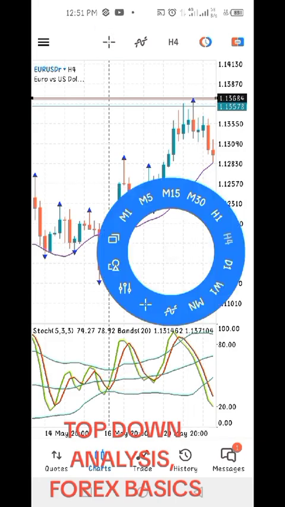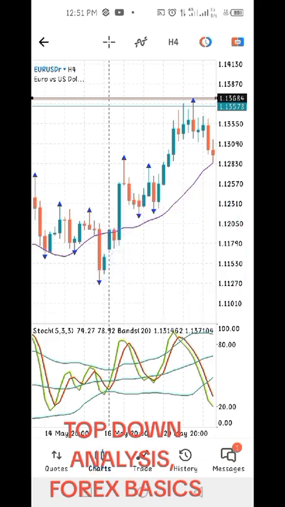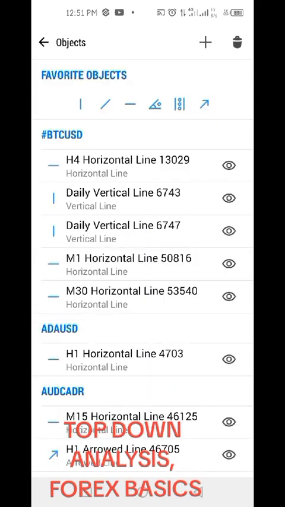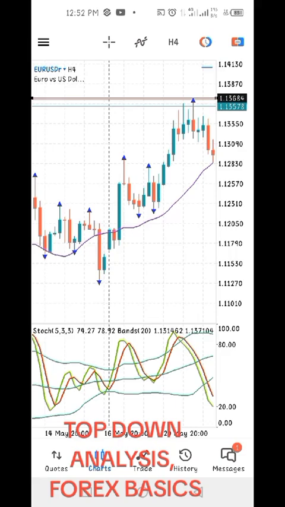Now, the second one, you are going to click anywhere on your MT5 again. You click on that grinding machine. Then there is this horizontal line. Click on horizontal line again. Then where you are predicting the market to drop to before it will continue to move up. Now we are predicting this place. I'm predicting 126.00.